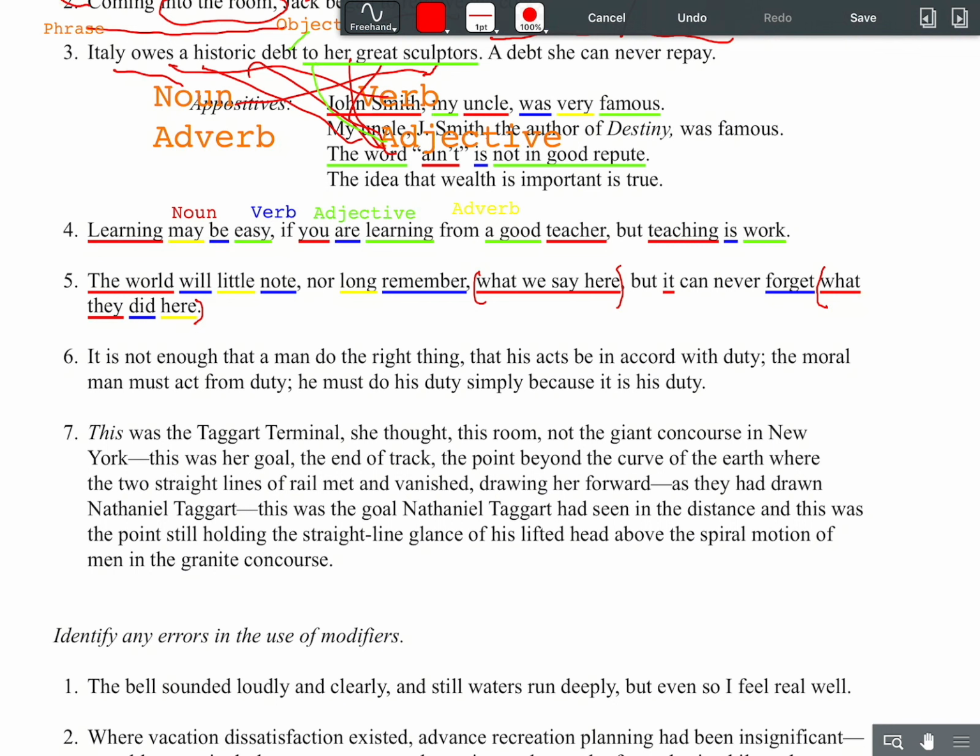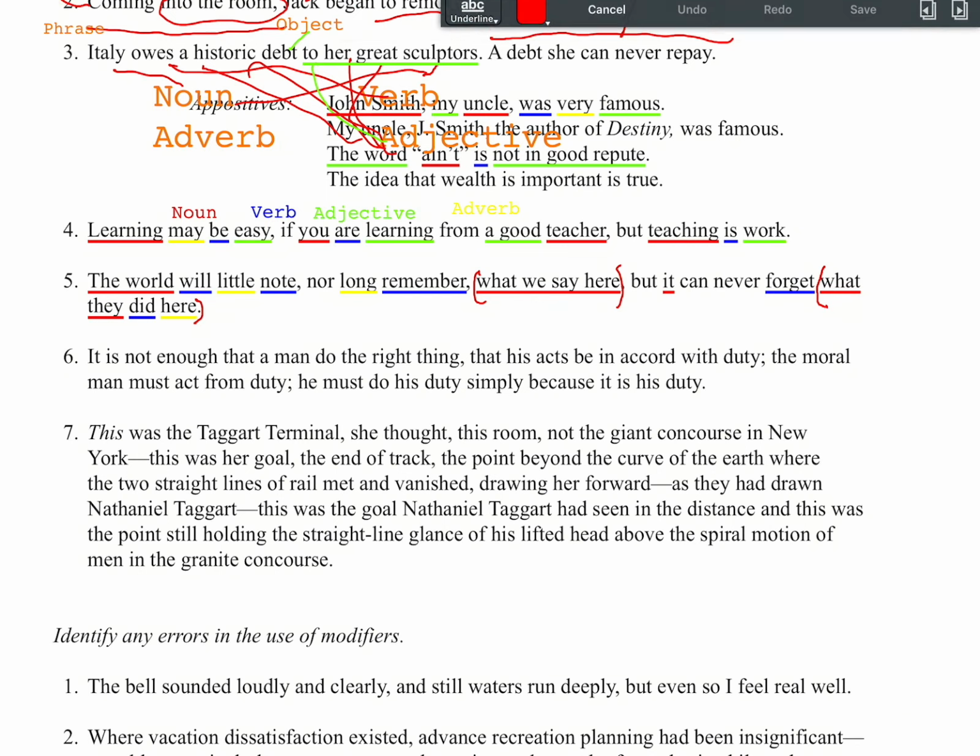So this makes sense. I bracketed that area as a noun phrase, but then I individually highlighted the words in the phrase. All right, never, it can never forget. I think never is an adverb, modifying forget. Is that right? Yeah, I think it tells us something more about the action.